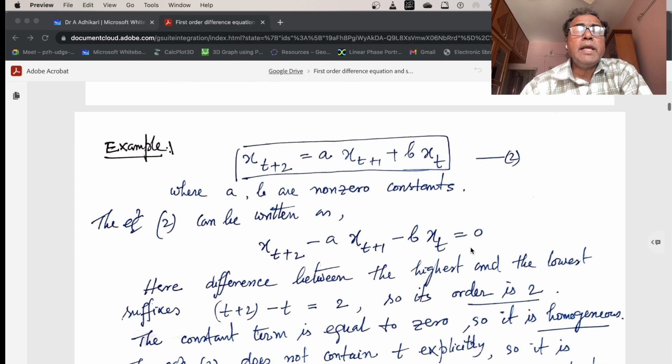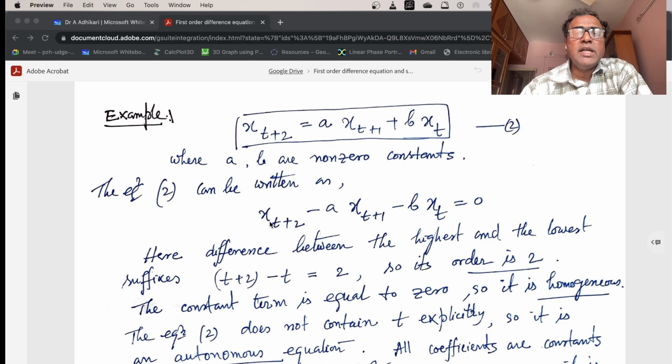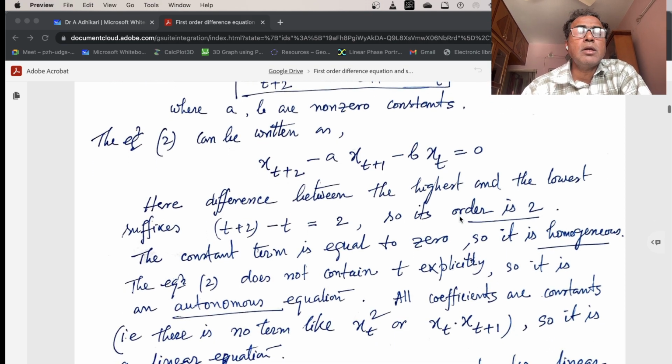Consider an example, xt plus 2 equal to a xt plus 1 plus b xt. Here a, b are non-zero constants, and equation 2 can be written as xt plus 2 minus a xt plus 1 minus b xt equal to 0. The difference between the highest and the lowest suffixes, t plus 2 and t, is 2, so its order is 2.